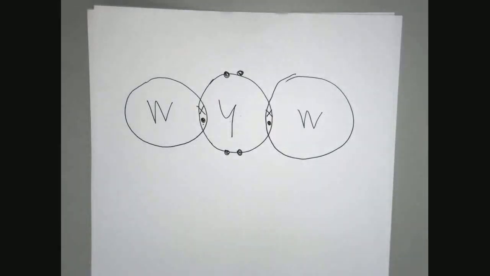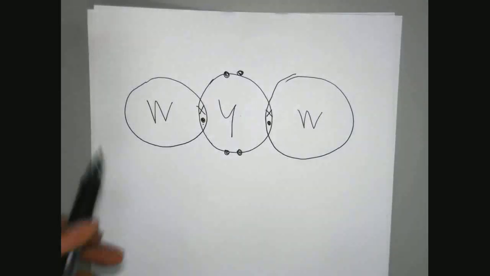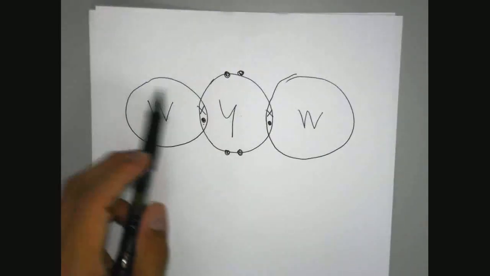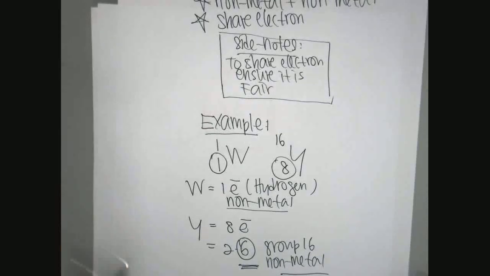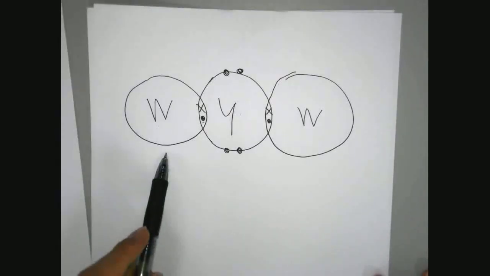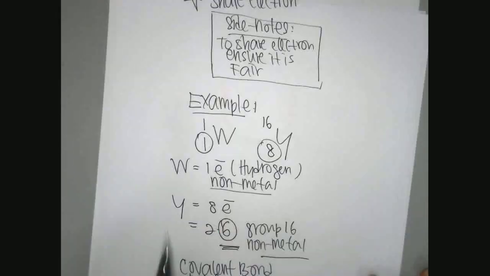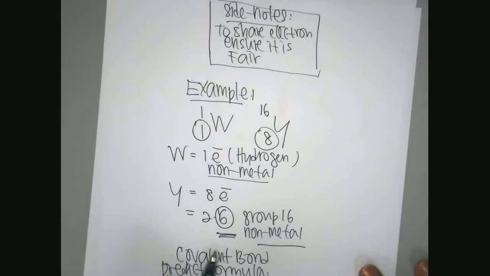After we ensure all of them are stable, please don't forget to draw the inner shell, because sometimes the atom might have more than 1 shell. So we start with W. W only has 1 electron, so it only has 1 shell, which is this. For the Y, Y has 2.6, so Y is supposed to have 2 shells or 2 circles.